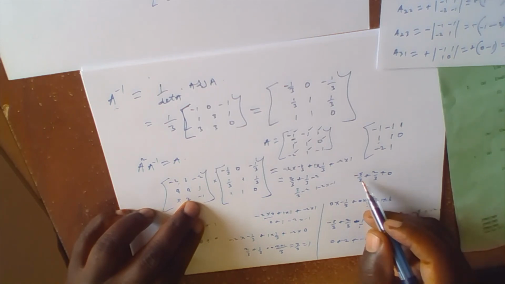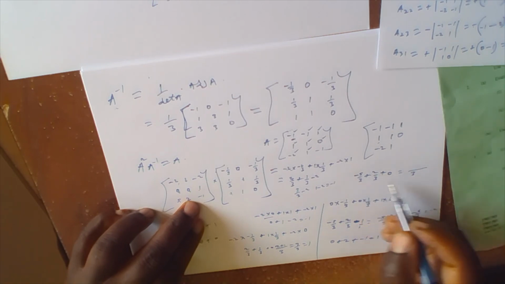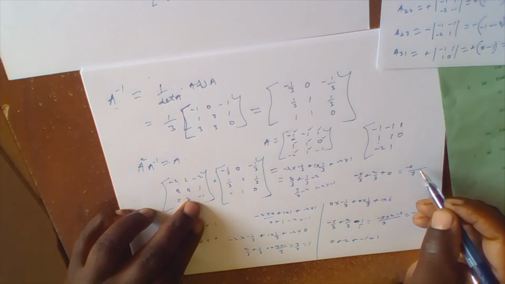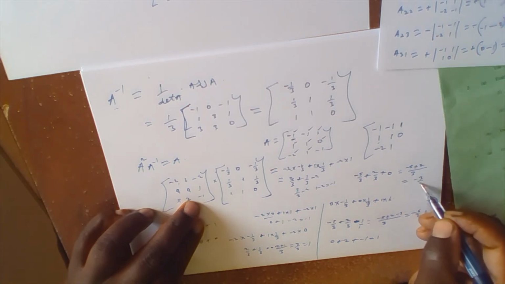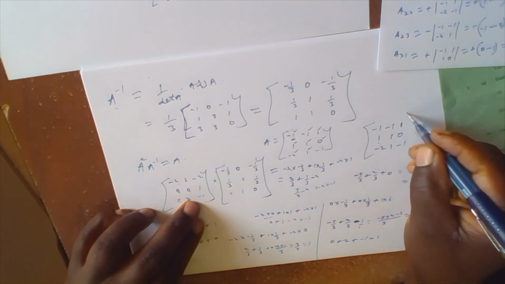So negative 5 all over 3 plus 2 all over 3. The LCM here will be 3. So we have negative 5 plus 2, which equals negative 3 all over 3, which equals negative 1. So this is negative 1.